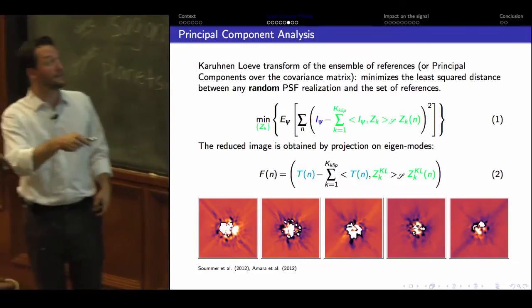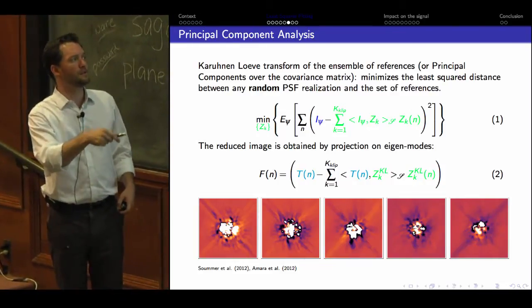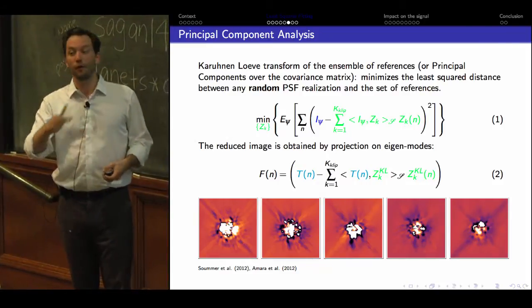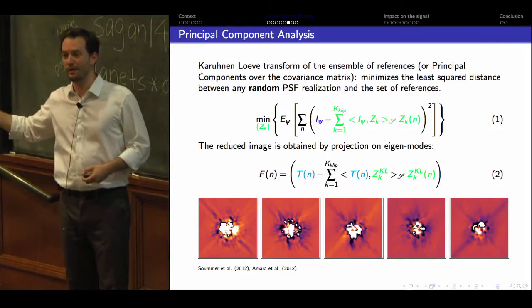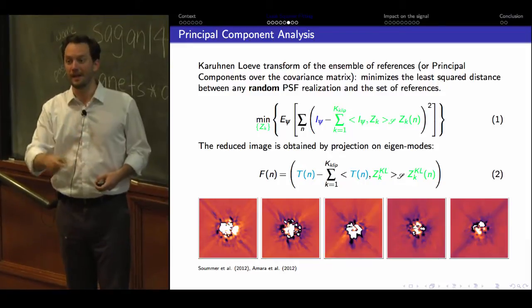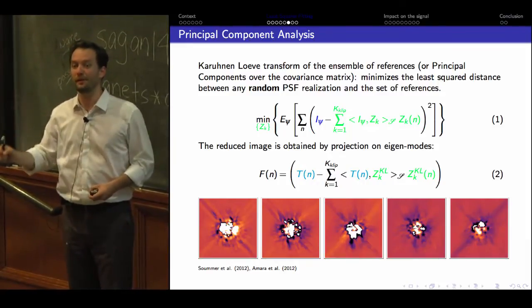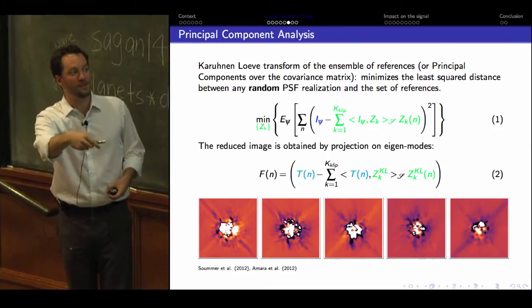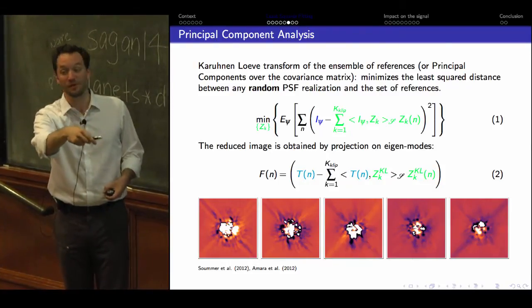For this one we used about 400 NICMOS images. This means that in the 400 NICMOS images that I used, that pattern is the one that comes up the most often, and it's almost always there. Here I have the first 5.